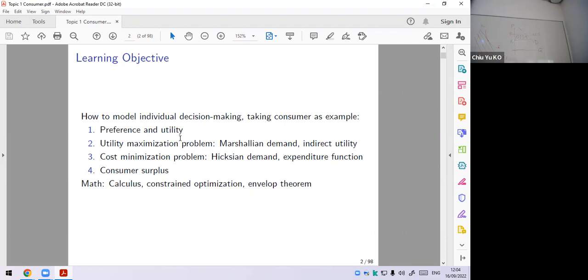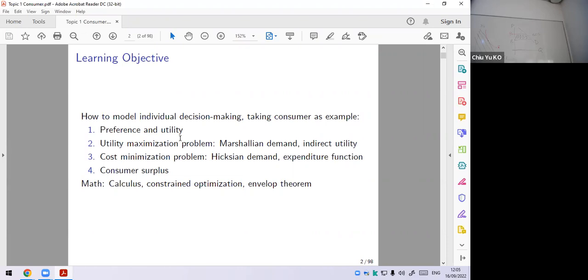Your assignment will have 2 parts. One part is required, which you should do. One part is challenging, and you don't need to submit the challenging part to me. You just submit the required part, which is supposed to be very basic. You learn how to derive this, and this all will be in the assignment.